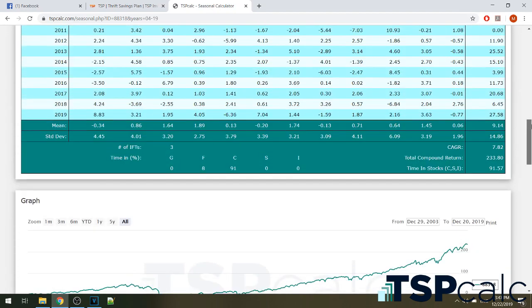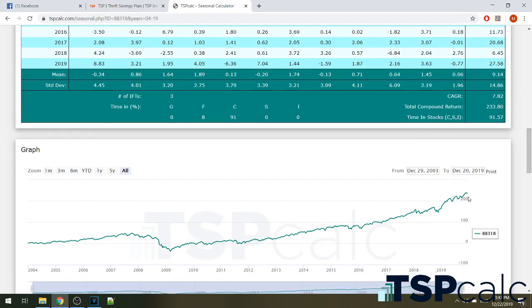235.5%. Well, if you scroll up here, look at that. Total compound return 233.8. I must not have been on the very last point. Yeah, I can't find the very last point. That's just the resolution of the graph. But basically 235, 233, this is the more accurate number because this is all the way through December 20th.